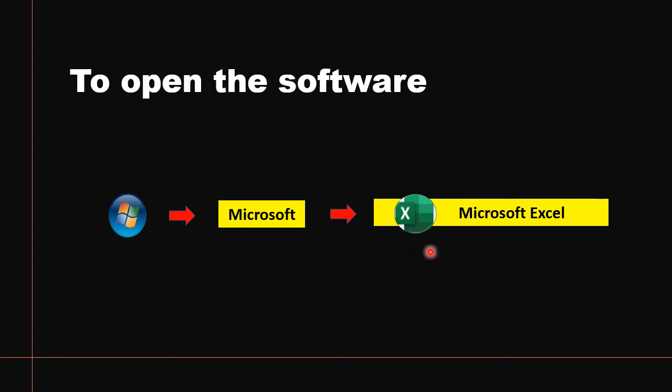And it is very important to observe this icon. The icon for Microsoft Excel is this. So please learn or identify the icons for different softwares. It's very important. The icon for Microsoft Excel is this one.